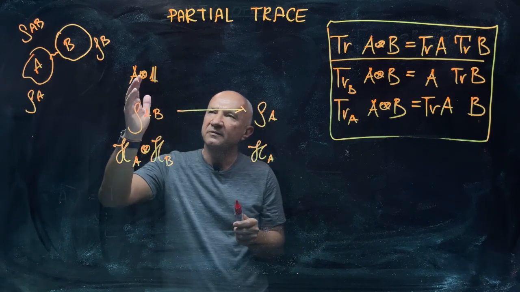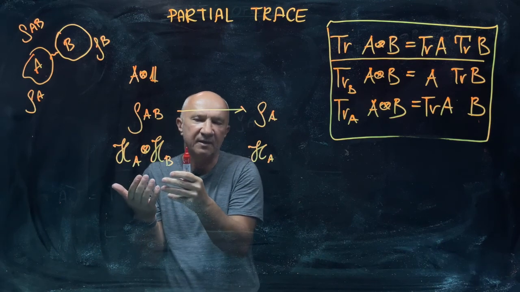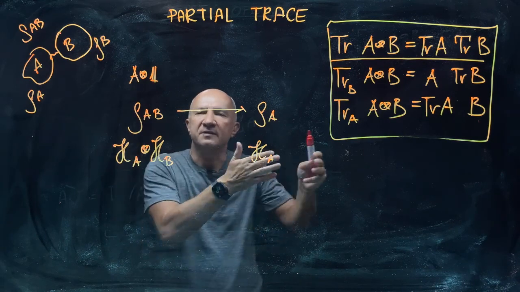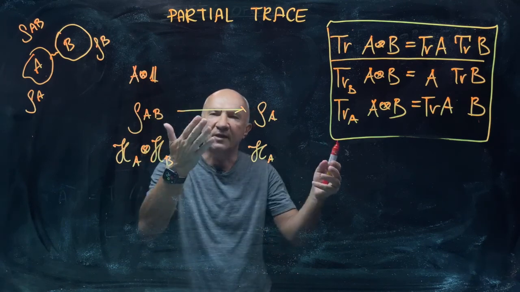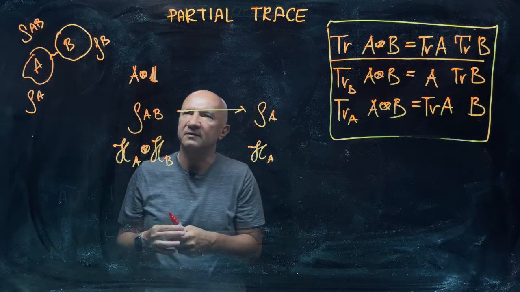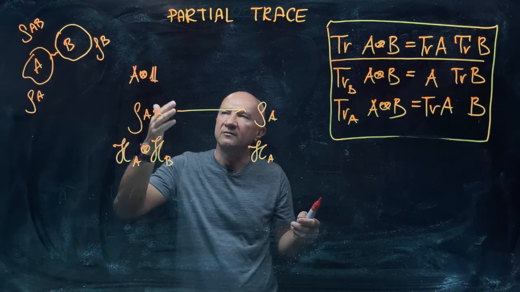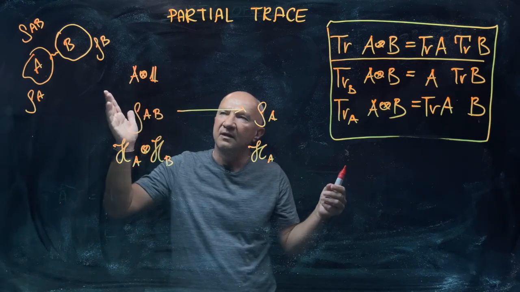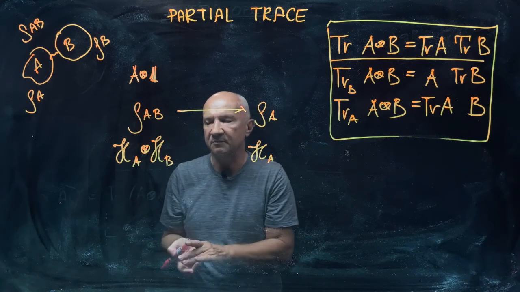So even though the observable A pertains to the subsystem A, we simply acknowledge that there's another subsystem B and tensor it with the identity. Identity doesn't do anything, it's just a lazy operator. It simply says we are not touching B, we are doing operations on A, but we can operate in this tensor product Hilbert space and get all the statistics about A.